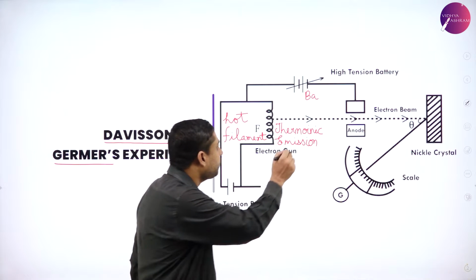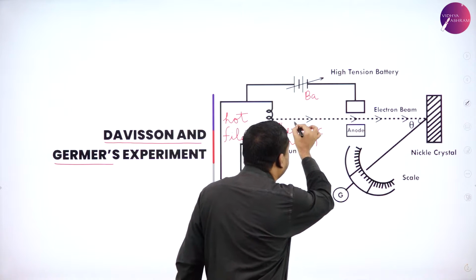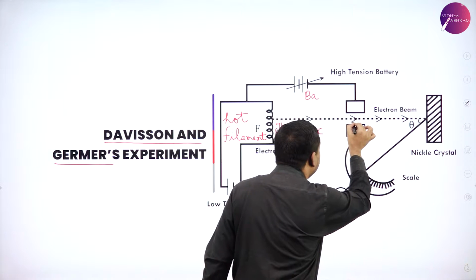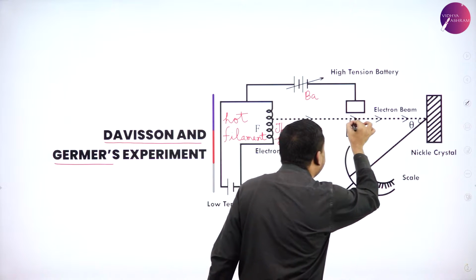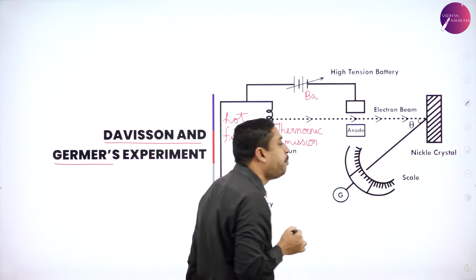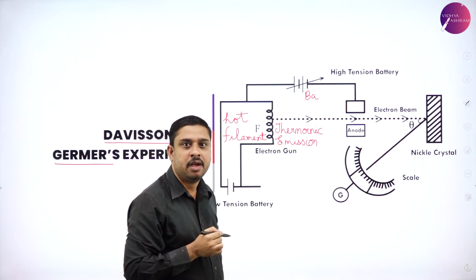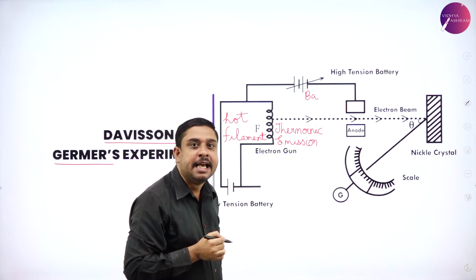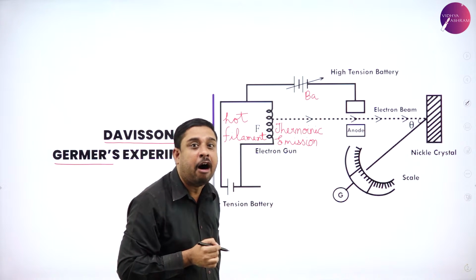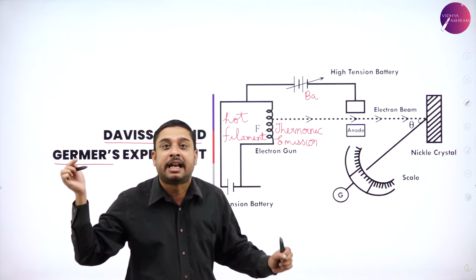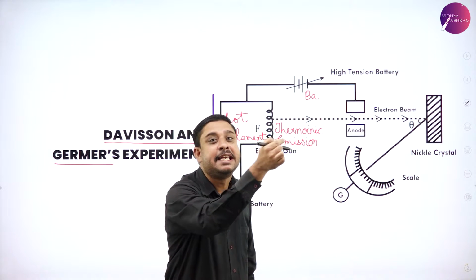Now, the electron beam moves in a fine collimated path. Collimated means in a single direction.